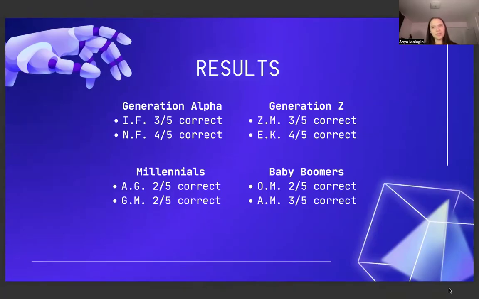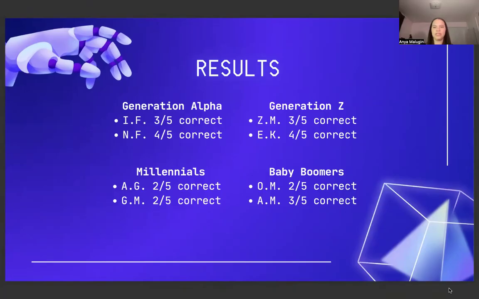So my original hypothesis before I began this informal observational study is that Generation Alpha was going to have the most success in identifying the AI images, and they did. They did have very good success in finding the AI imagery, but as did Generation Z, which I was surprised by.